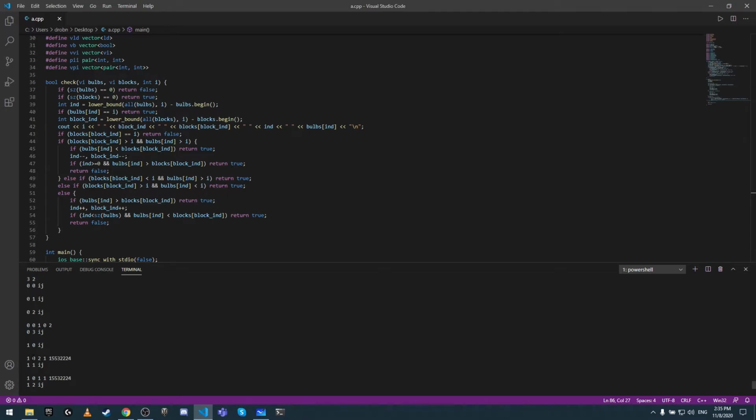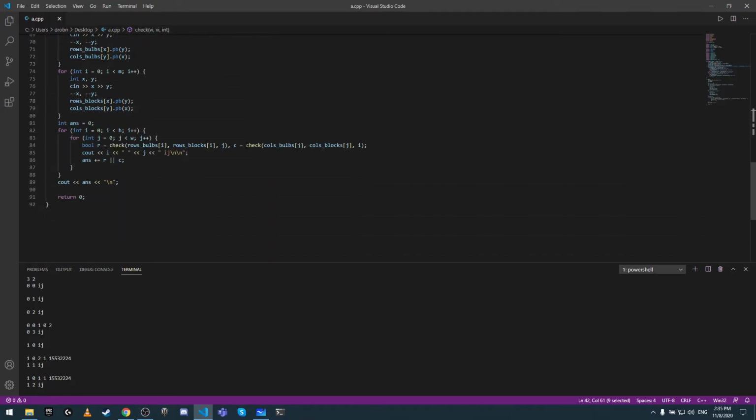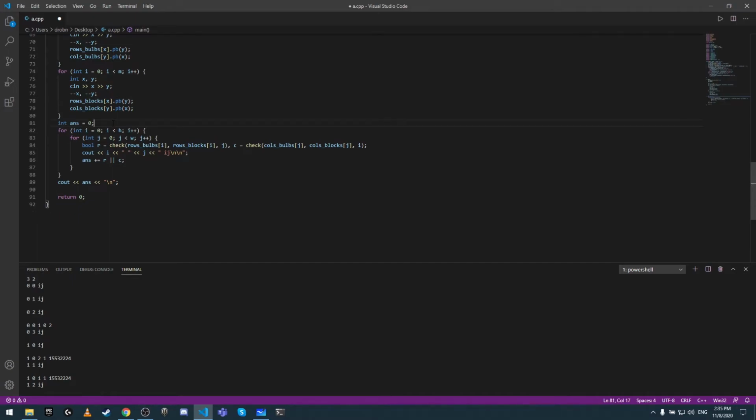So this is I. Now this is block index. Okay, so that's a problem. Calls bulbs.